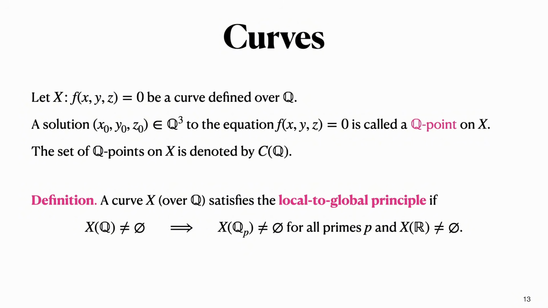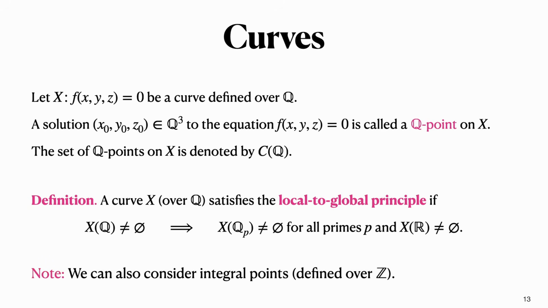If you have a Q point, you just take it mod p, and you found yourself a point. Sorry, the local to global principle is if you have a point for all Q_p and R, then you have a Q point. So sorry about that. That should be going back instead. Oops. Great.